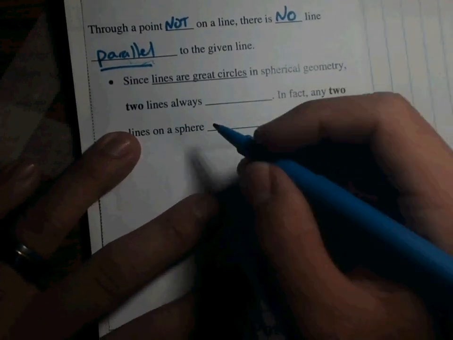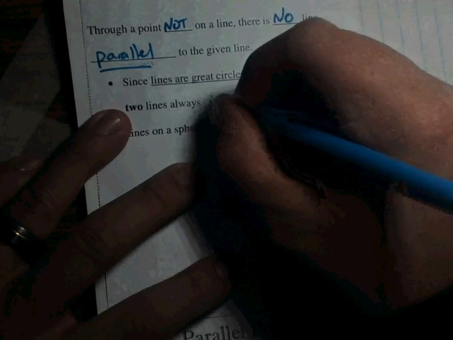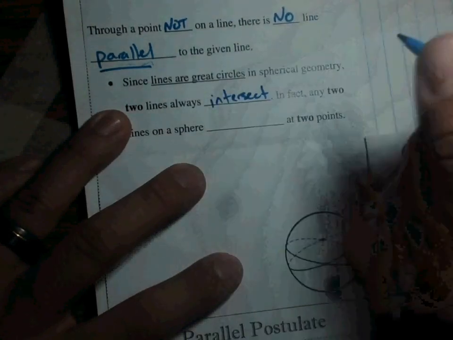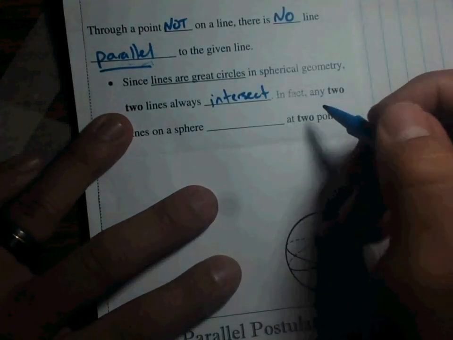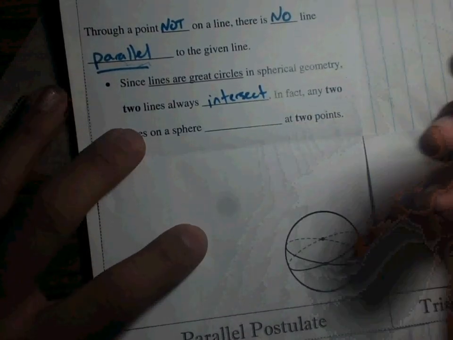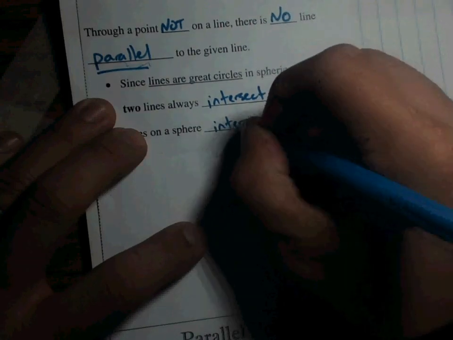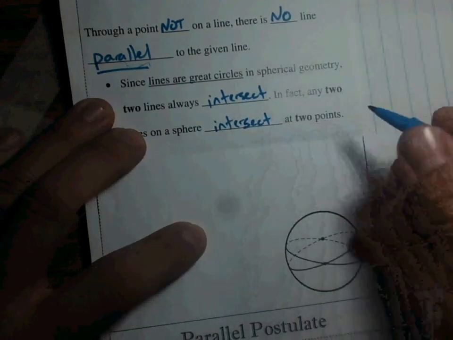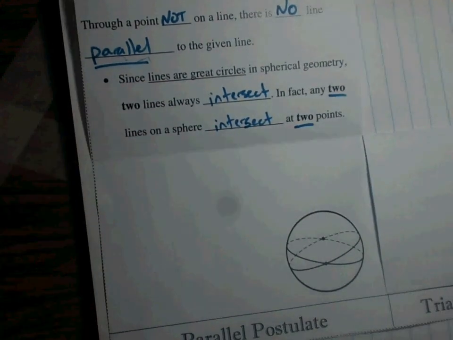In fact, any two lines on the sphere are going to intersect at 2 points. So not only is it going to hit once, but no matter how you draw them, you're always going to have some kind of intersection point.